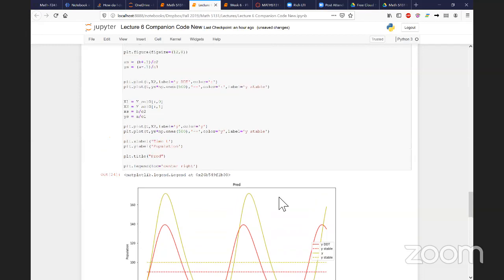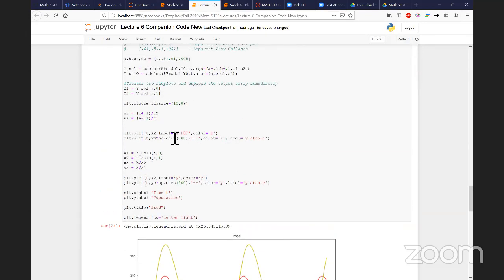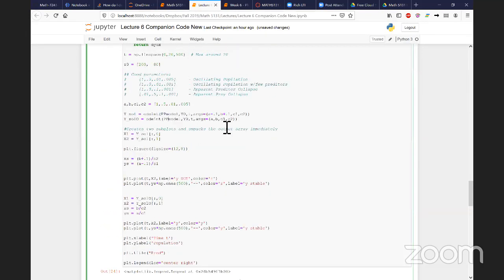So all I've done here is in the predator equations, I just shift. In this case, I've shifted them both by a little bit. Actually, we can even take this shift off.